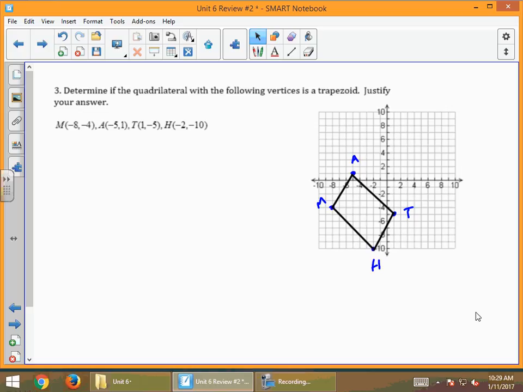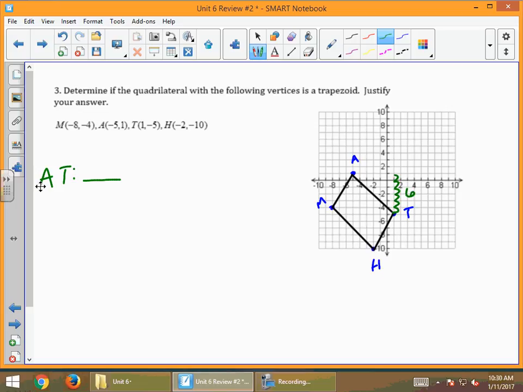So pick any side. It does not matter. What side do you want to start with? AT? Okay. Go ahead and find the slope of AT. Can we do that? 1, 2, 3, 4, 5.